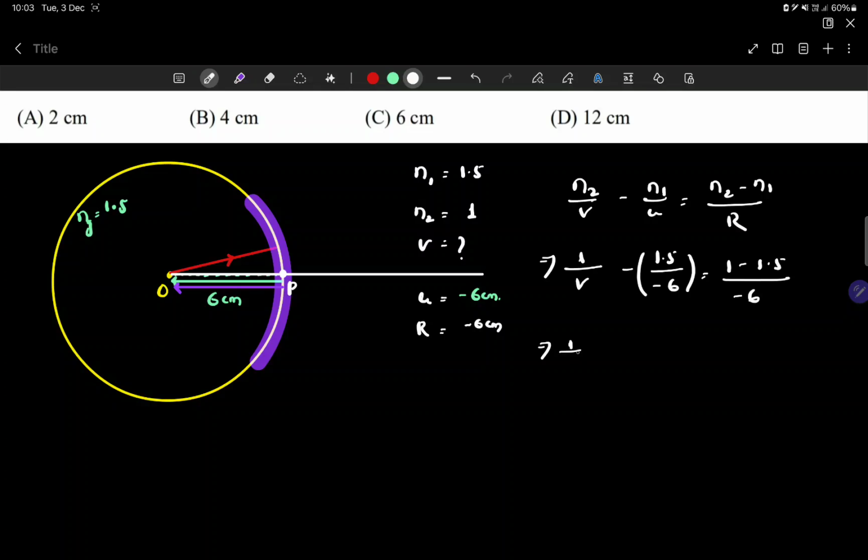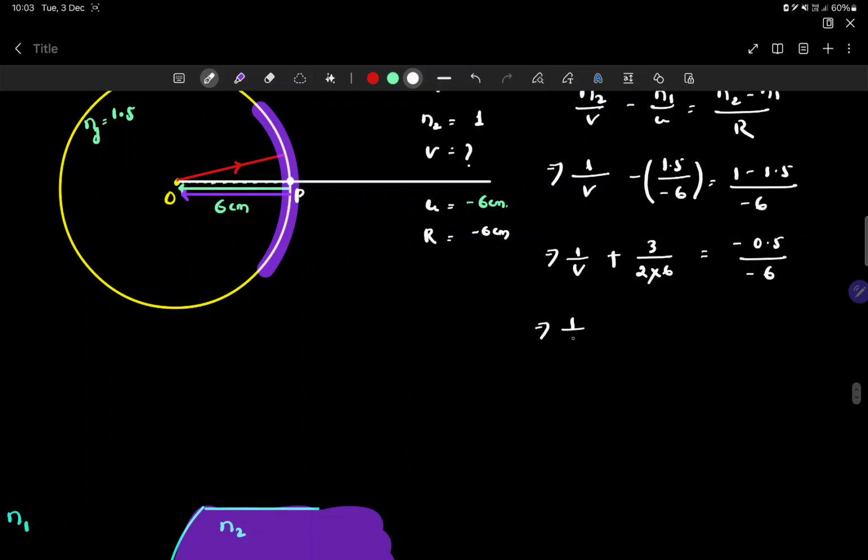So it will be 1 by V minus minus, plus 1.5, means 3 by 2 into 6, is equal to 1 minus 1.5, that is minus 0.5, divided by minus 6. So after solving we get 1 by V plus 1 by 4 is equal to, we can cancel these two minus signs, 0.5 means 1 by 2. 1 by 2 divided by 6, that is 1 by 12.